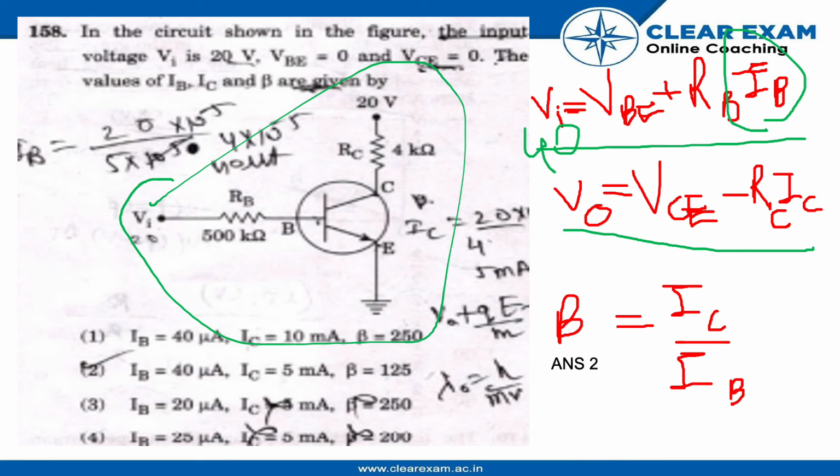We will find IC, which will be 5 milliampere. Now substituting the values in beta, IC by IB, we will get 125. Thank you.